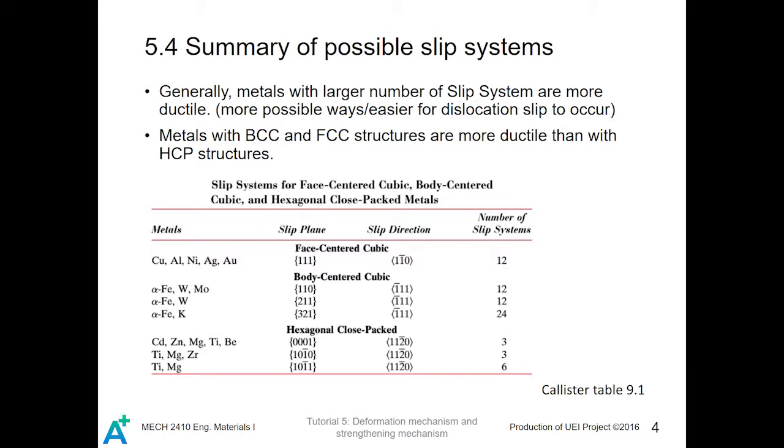You can observe it on the list here, which I copied from the textbook. And you can see that BCC and FCC crystal systems have more slip systems compared to HCP materials.